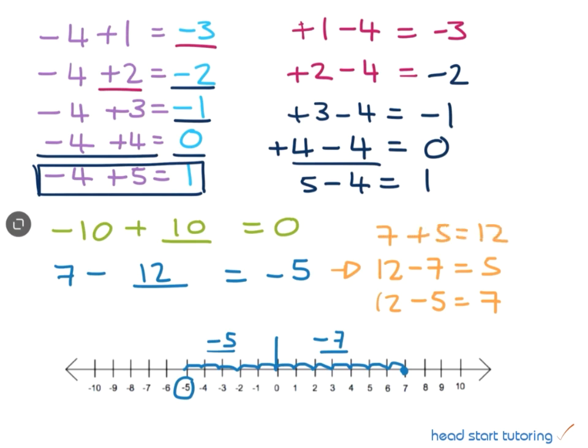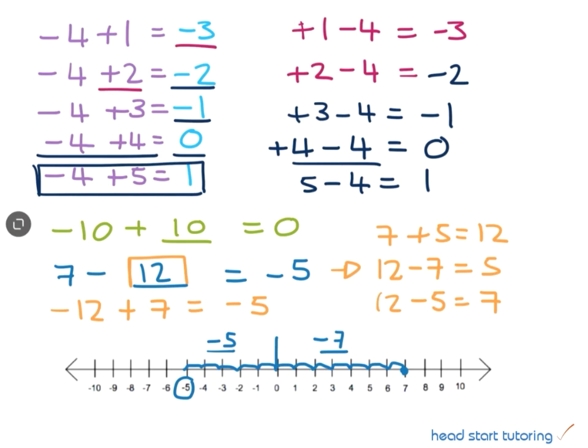So start playing around with your number line and start picking up certain patterns. So the 12 there that we saw, 12 minus 7 gives us an answer of 5. So -12 plus 7 will also give us an answer of -5. And so you can see that these three numbers link up.